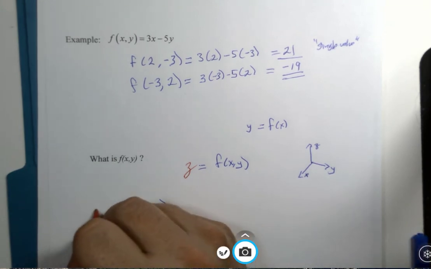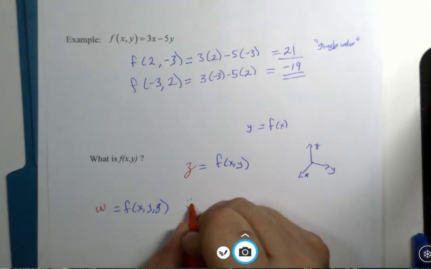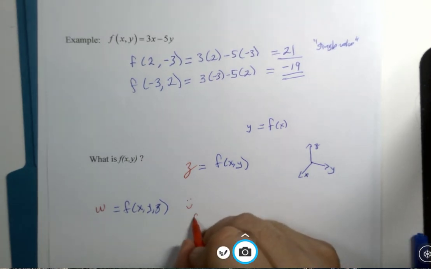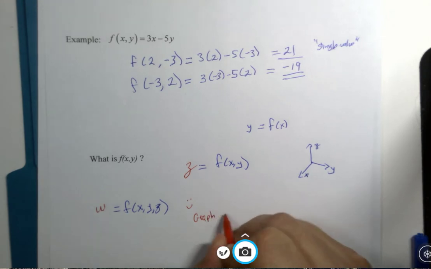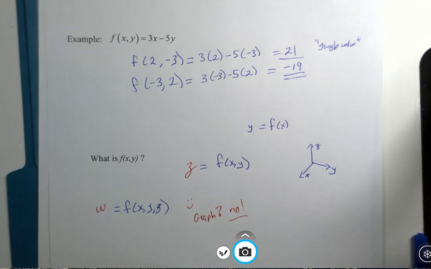Our textbook calls it w. I'm just going to put a little smiley face here. If you're wondering if we're going to have to graph this one, the answer is no. But I will tell you that it's certainly something that is possible to study.